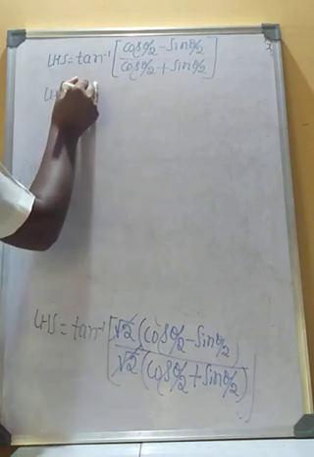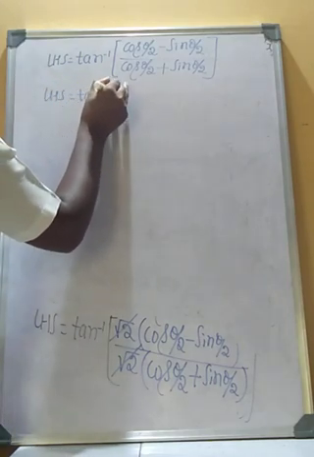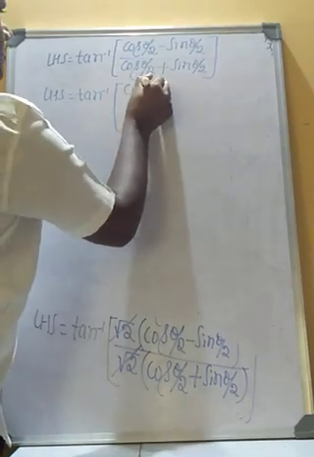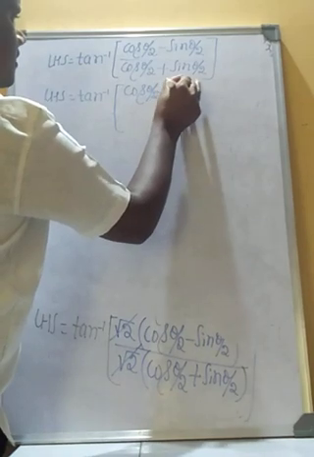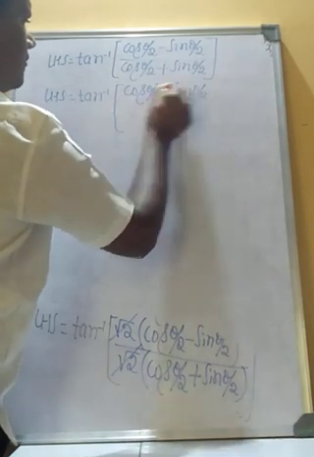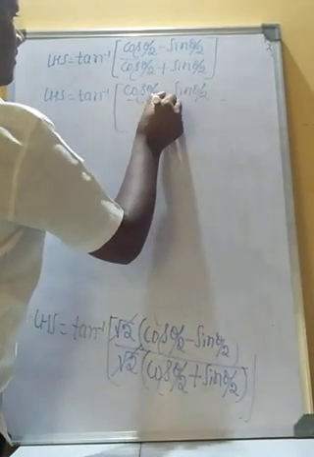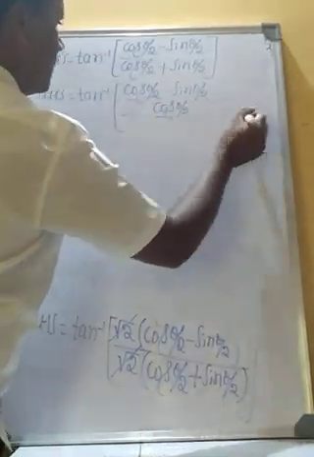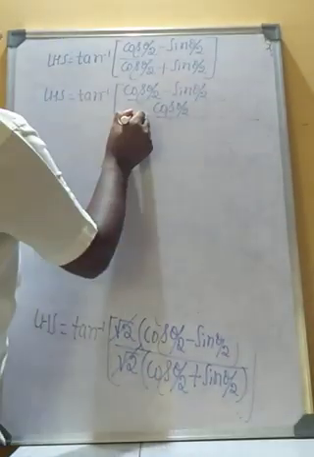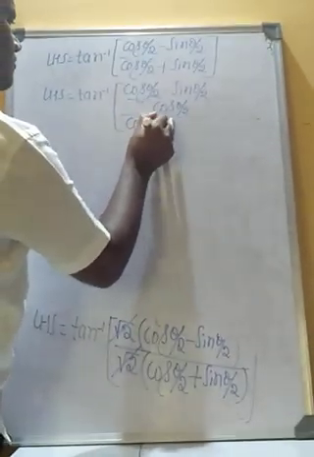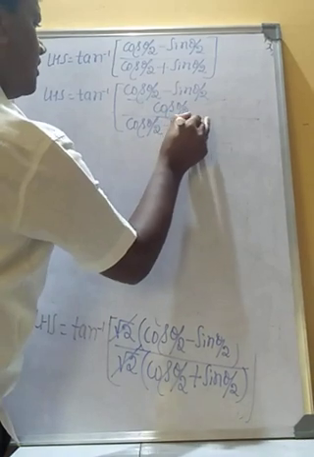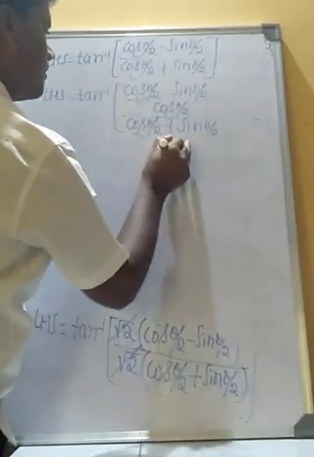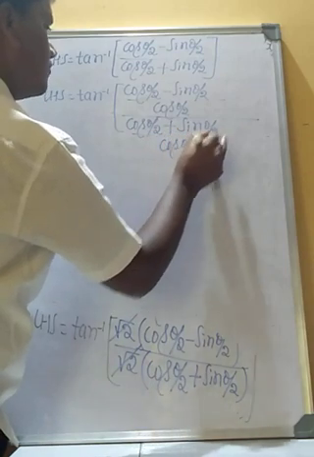Therefore, left hand side is equal to tan inverse of (cos theta by 2 minus sin theta by 2) dividing by cos theta by 2, whole divided by (cos theta by 2 plus sin theta by 2) dividing by cos theta by 2.